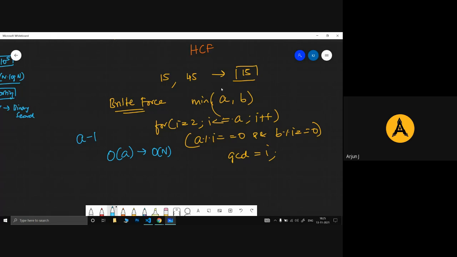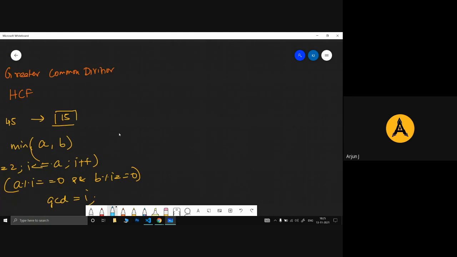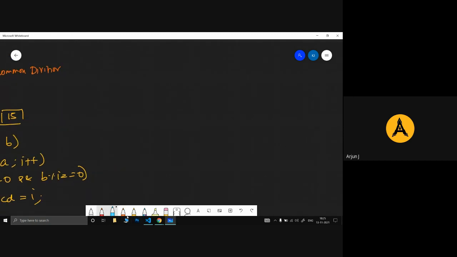So is this going to be the most optimal approach to find GCD? No. The great mathematician Euclid has come up with an algorithm which says GCD of a comma b is the same as GCD of b mod a and a. Let us assume the smaller number is a and the bigger number is b.